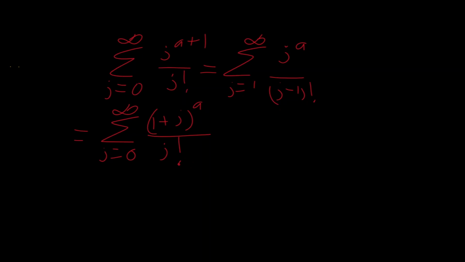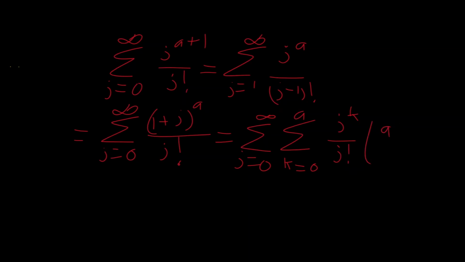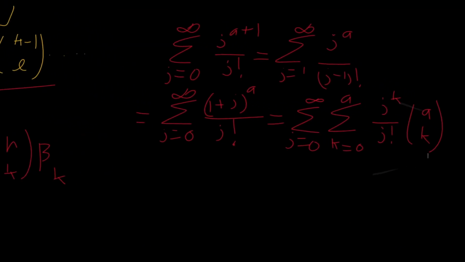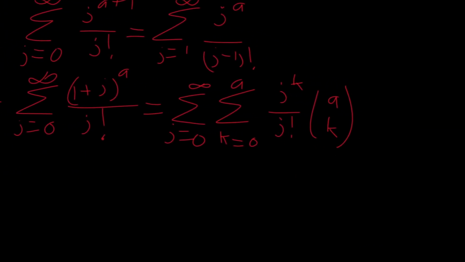And using binomial expansion, we know that this right here is the sum from j equals 0 to infinity, the sum from, say, k equals 0 all the way up to a of j to the k over j factorial, times our a choose k. You'll see something very similar here.